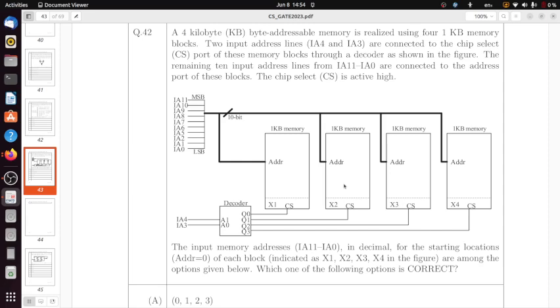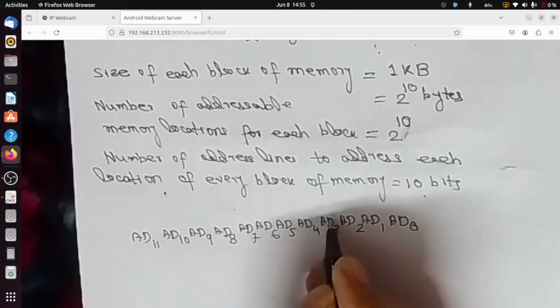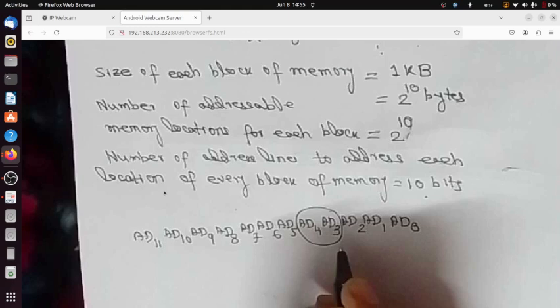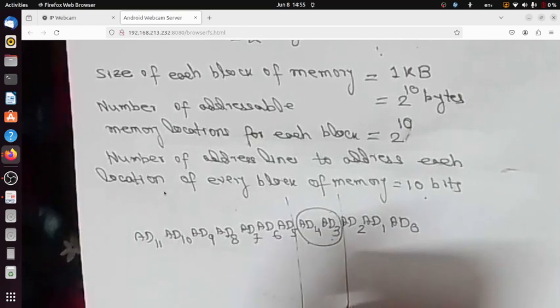So if input address lines 3 and 4 are used to select a memory block out of 4 memory blocks, which 10 of the input address lines are used to address each memory location of every block? Again, we have found that these 2 input address lines, 3 and 4, will be used to select a particular block of memory.